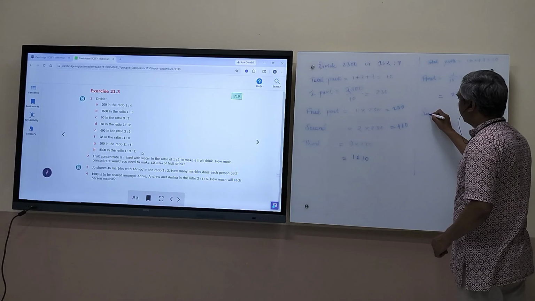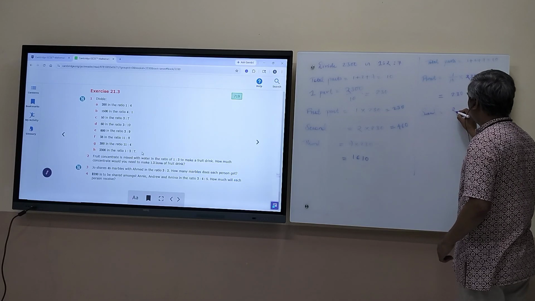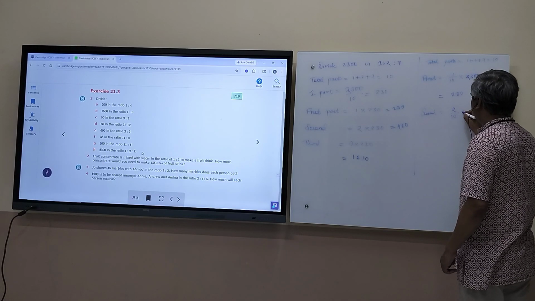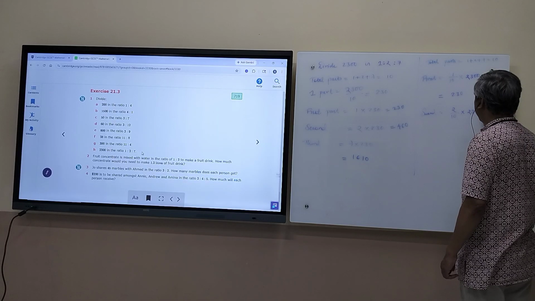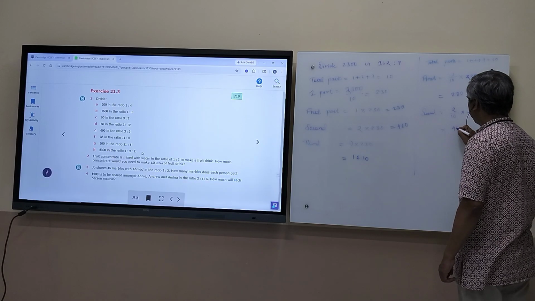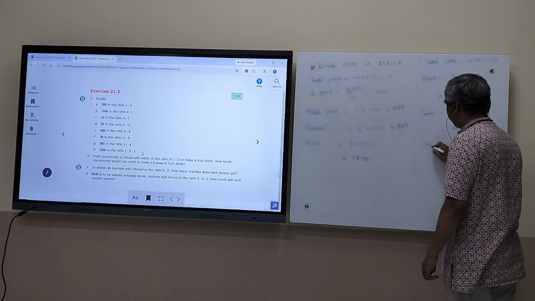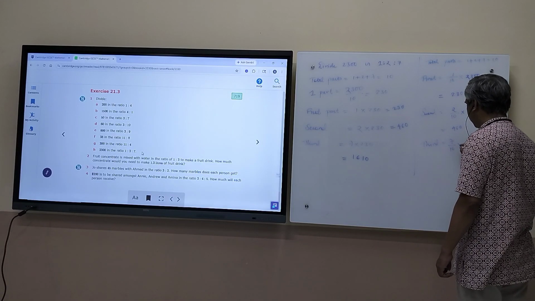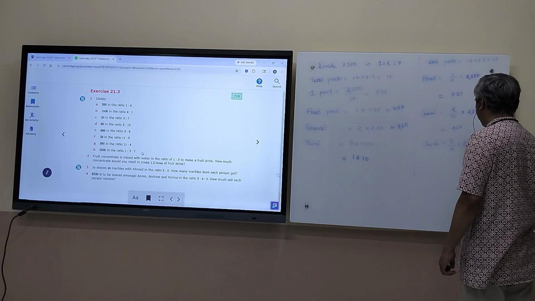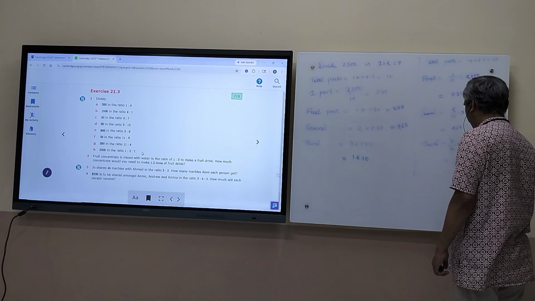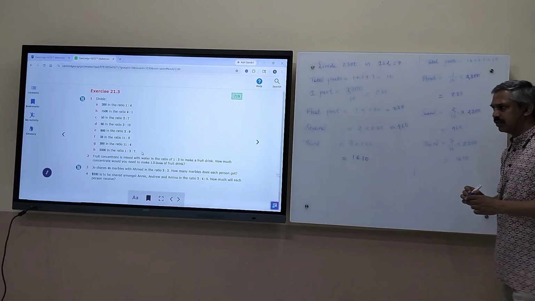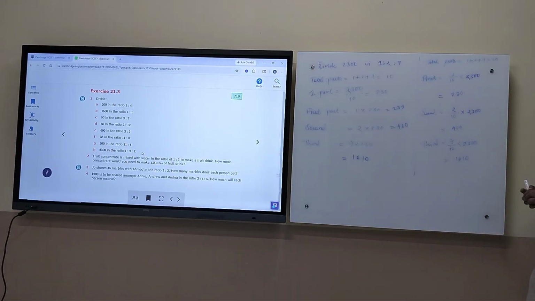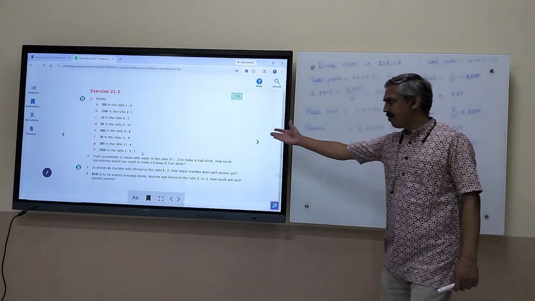The second will be 2 parts out of 10 into 2300, which is equal to 460. And the third will be 7 parts out of 10 into 2300, which is equal to 1610. And that is how we get the answers.